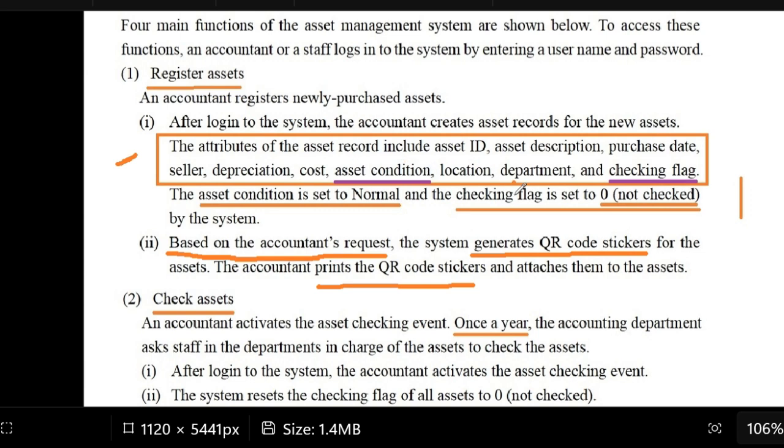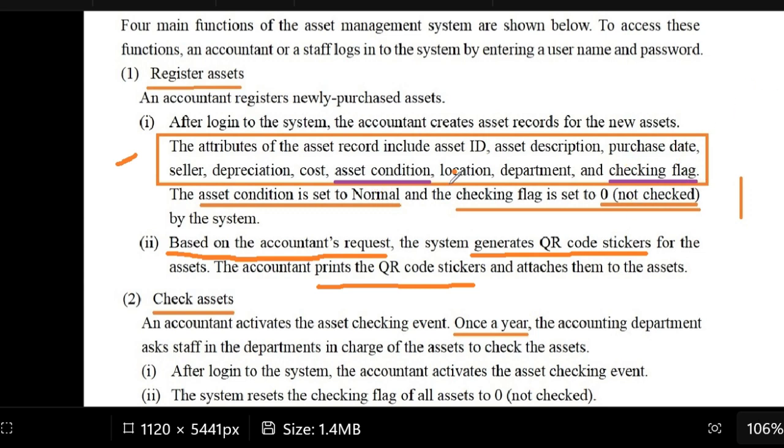The problem here is that if we added all the phrases, that would be incorrect, which is what I did. Because again, if we review the description, asset condition and checking flag will be done later, not during the register assets step, where we need to put in a value right away.